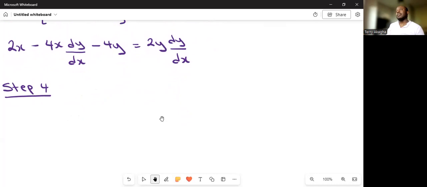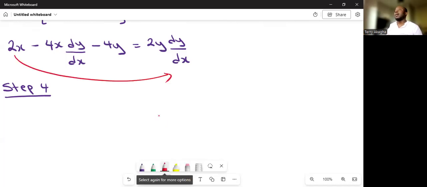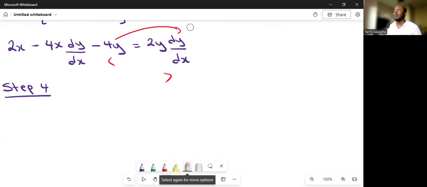I'm going to take 2x and minus 4y to the right-hand side, and bring 2y dy over dx to the left-hand side. You can either just move 2x over and take 4y over, so the 2x becomes minus 2x on the right-hand side and plus 4y. But I noticed that students prefer subtracting from both sides, so we're going to use that method here. So let's go.